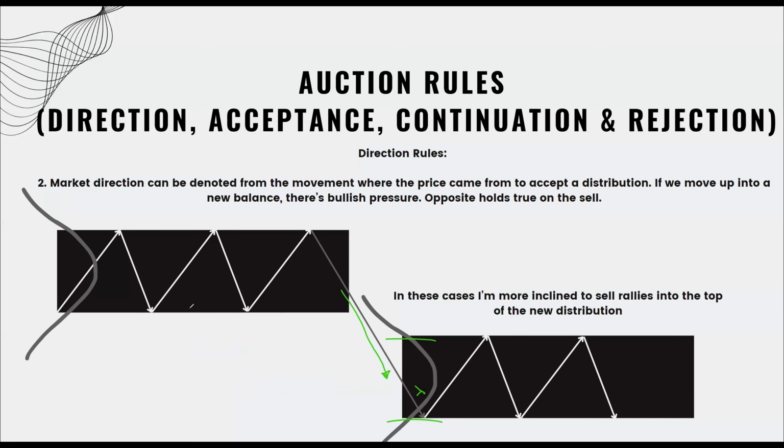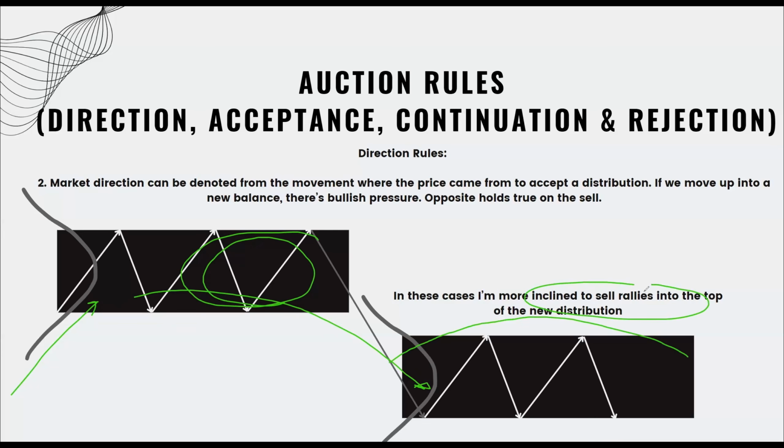So at this point, I think we're inclined to look for sell pressure because we failed to hold this balance. We might have failed to continue a move to the upside. And now we're rotating lower, moving into new balances or maybe old balances to the downside, which holds a bearish notation on prices. I'm going to be more inclined to sell rallies, ideally at the top bands of this new balance, of these new extremes.